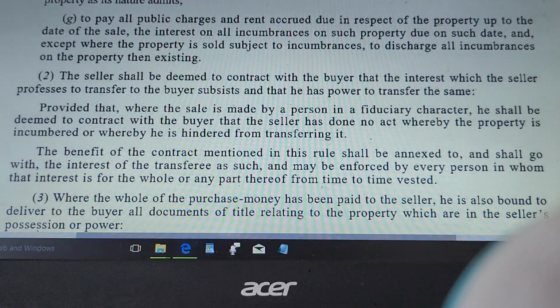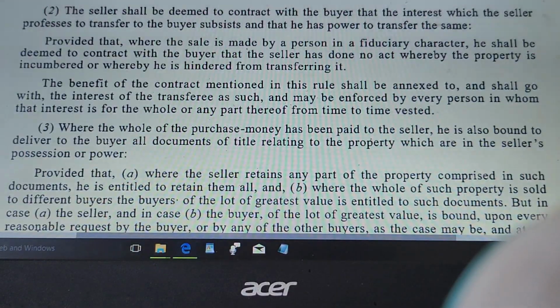The benefit of the contract mentioned in this rule shall be annexed to and shall go with the interest of the transferee as such, and may be enforced by every person in whom that interest is for the whole or any part thereof from time to time vested.